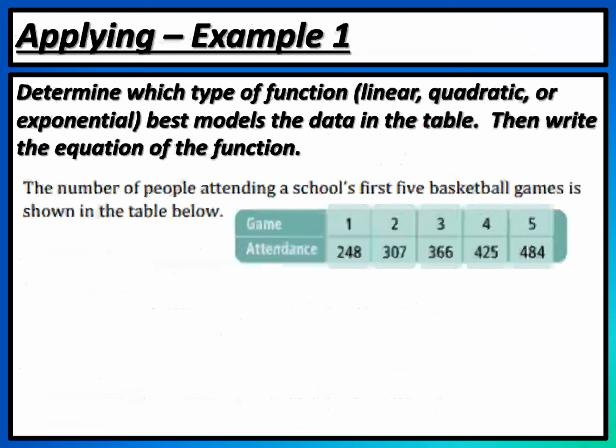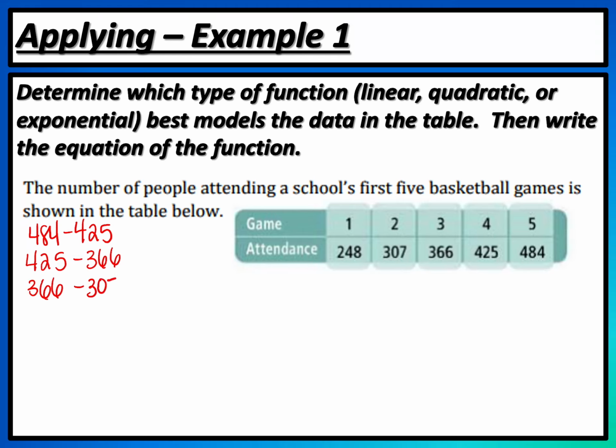So we are doing 484 minus 425, 425 minus 366, and so on. If we start from the back and go in reverse order, we make sure we're doing the subtraction correctly, because remember, in subtraction, order matters. So we go here to here, here to here, and so on.